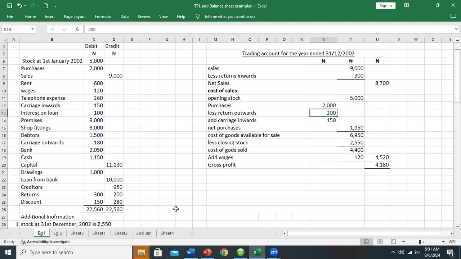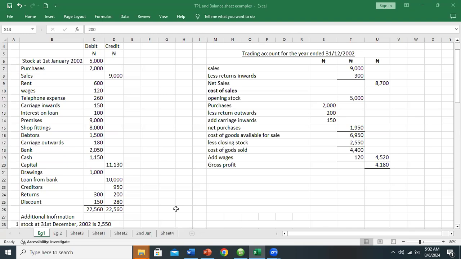So Prof. Alexia, I guess you also have to check your figures and see. So I shouldn't have trusted the figures. Anyway, no problem. So it's good that we had to do it together. So Prof. Alexia, your gross profit should be 4,180.